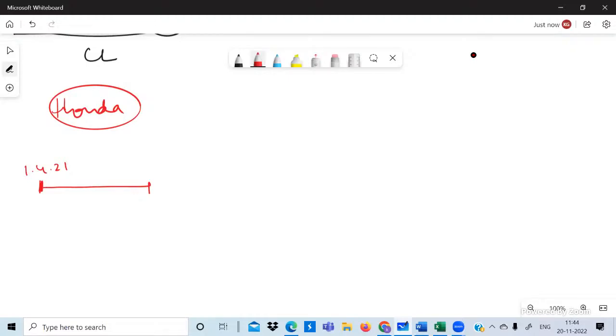Till that time, the raw material is kept in the godown. Let's say that is till 7th of April. So this time frame from 1st April to 7th April, when the raw material is kept in the godown, is known as the raw material holding period. It is the period for which you keep the raw material in the godown before it is issued to the factory for further processing. Any doubt with raw material holding period?